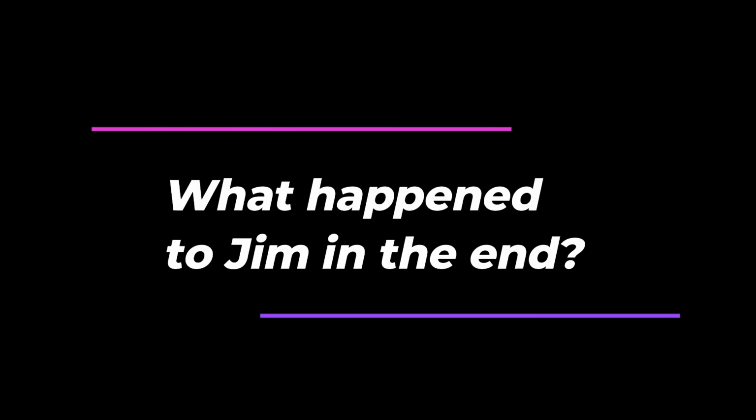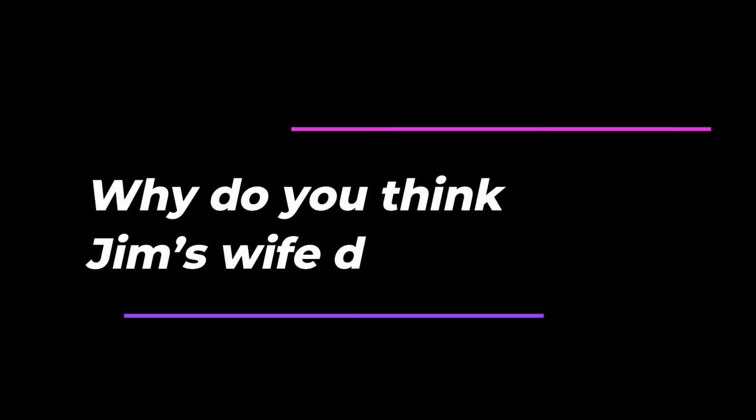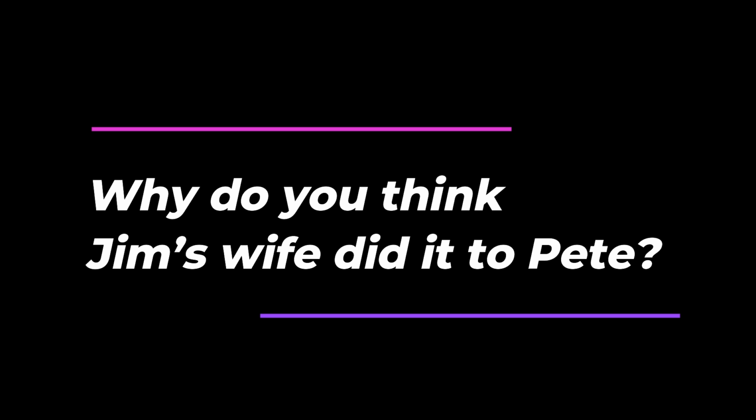What happened to Jim in the end? Well, Jim was shocked to find out that Pete was dead and was possibly killed by his wife in their garden. Why do you think Jim's wife did it to Pete? Well, obviously, so that they could have all the winning money of Jim's lottery ticket.